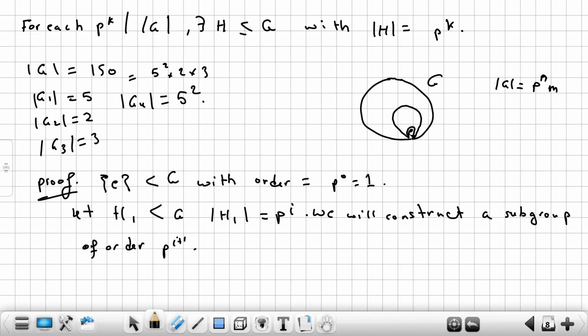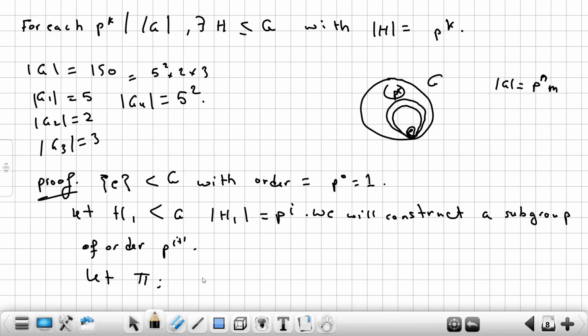If we prove the following claim, we can construct a subgroup of order p^2, then p^3, then a nested chain of groups. Then we end up with a subgroup of order p^k, as mentioned in the statement of the Sylow theorem. So we'll start the proof.